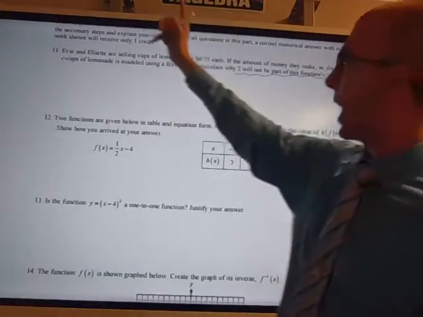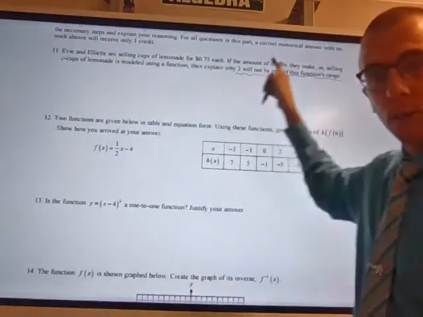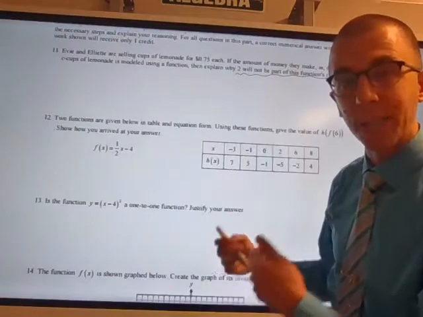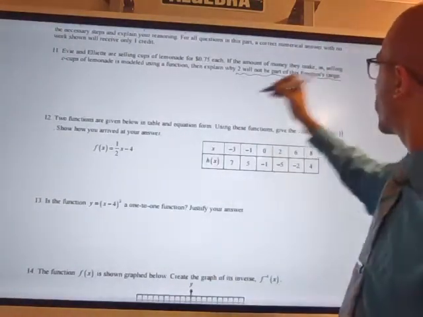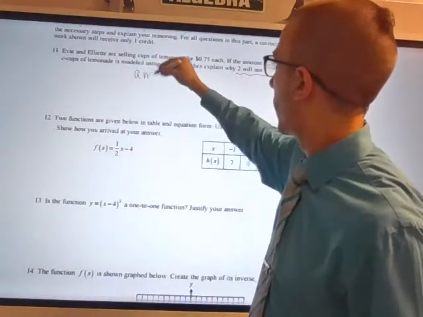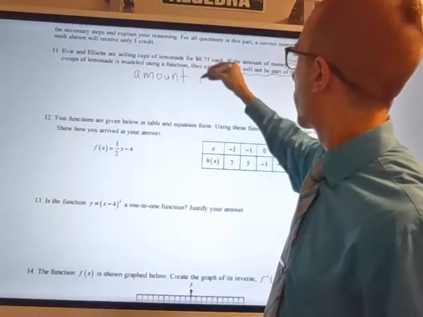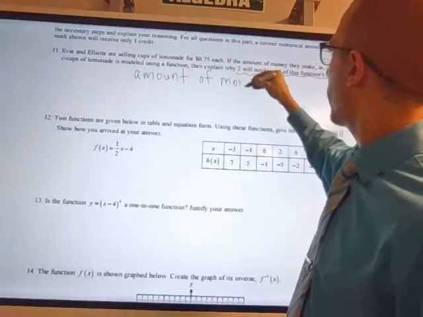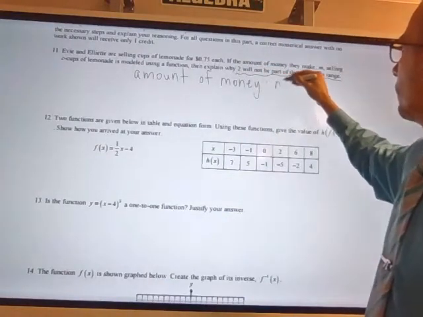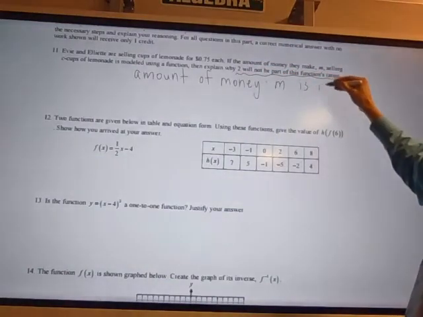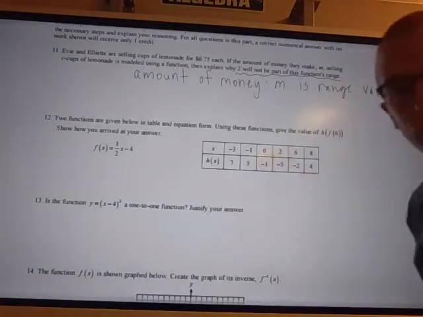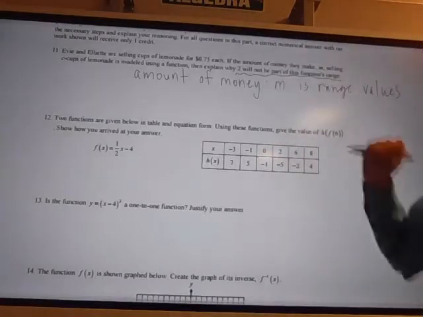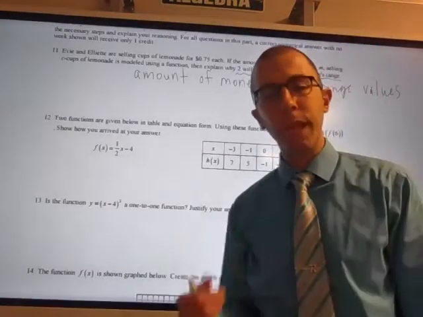M depends on C. So whichever one is dependent, that's our Y variable, that's our range. Okay, so M, amount of money, M is our range values, range variable. Okay, M is our range. So why then will 2 never be in the range?